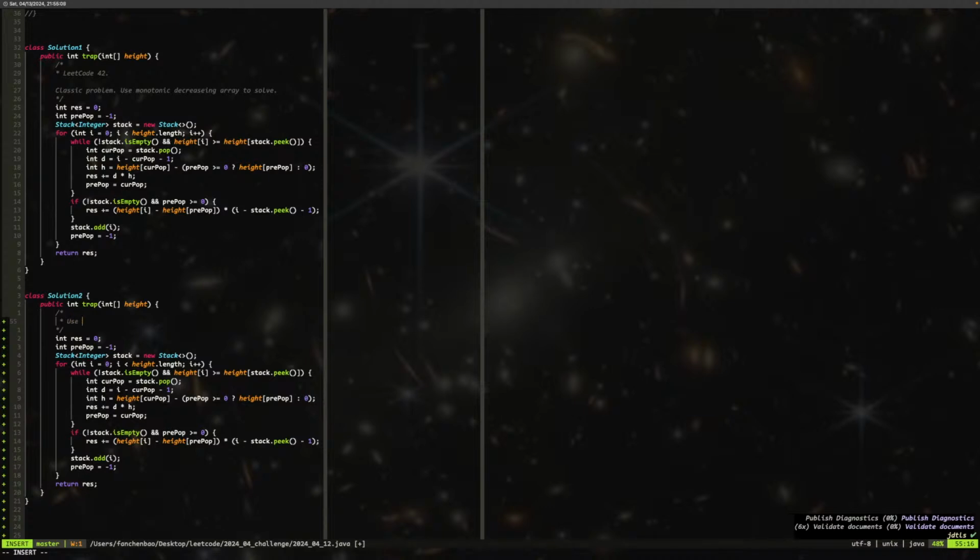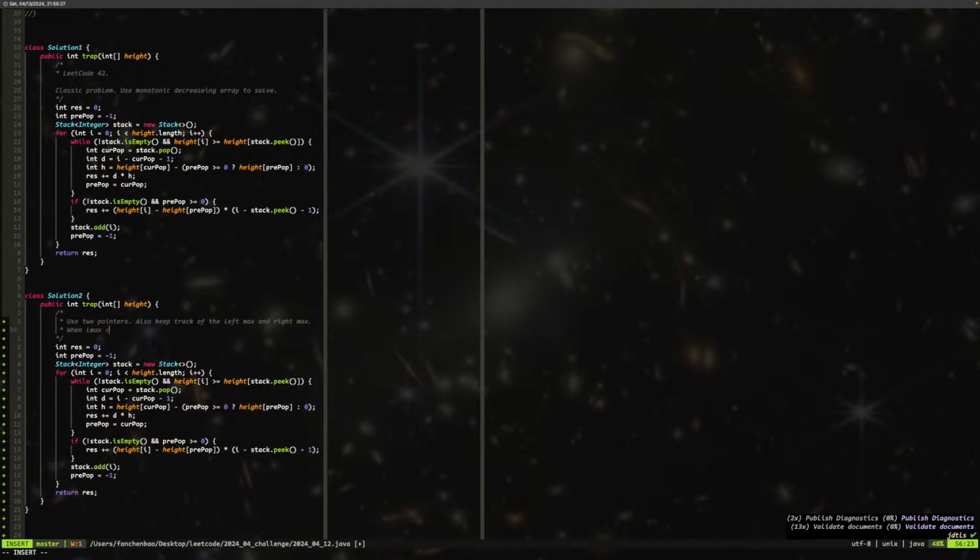So I'm gonna use two pointers, and also keep track of the left max and the right max.